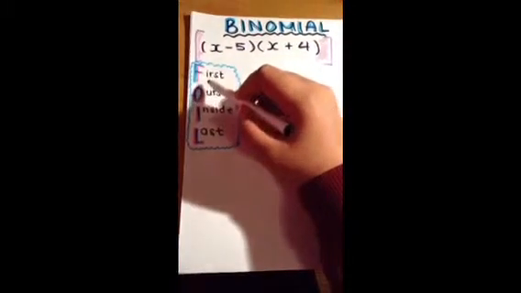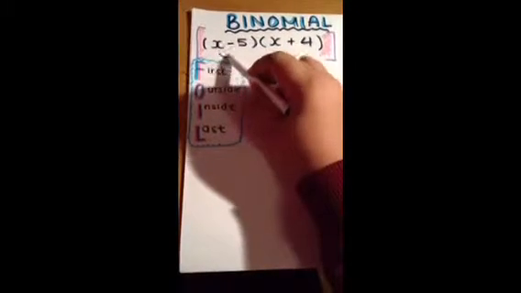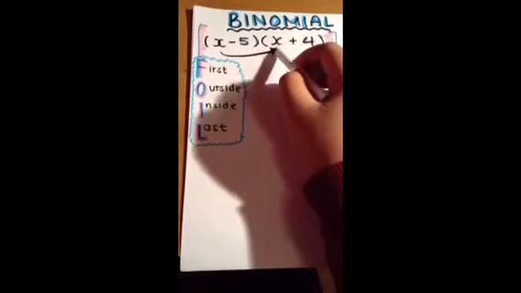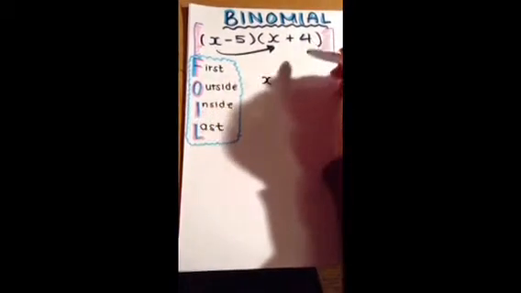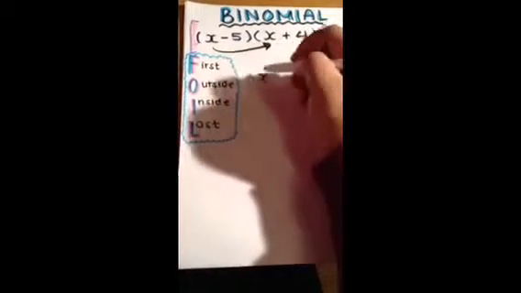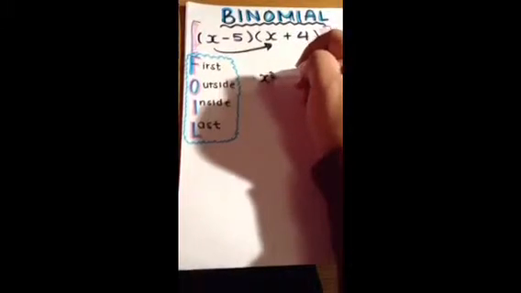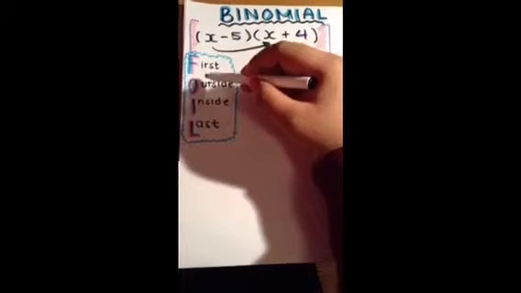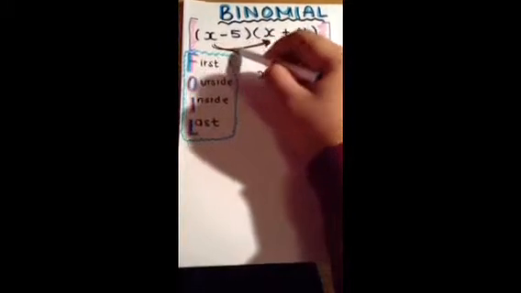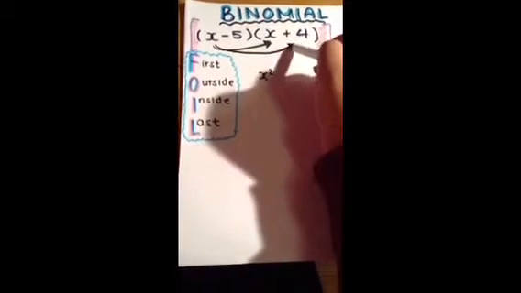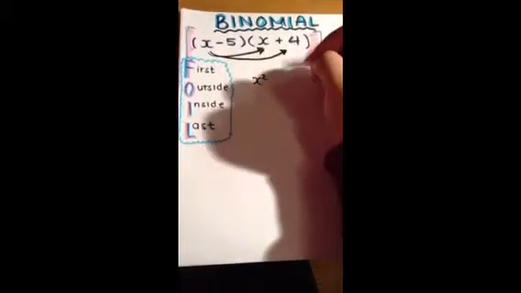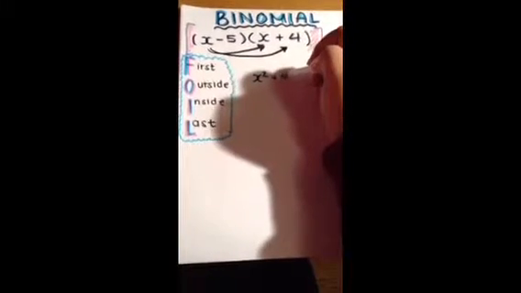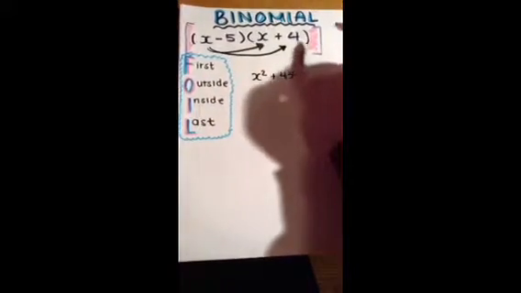I said that we're going to be multiplying the firsts. So we're going to start with x times x equals x squared. We're going to multiply the outsides. x times 4 is positive 4x.